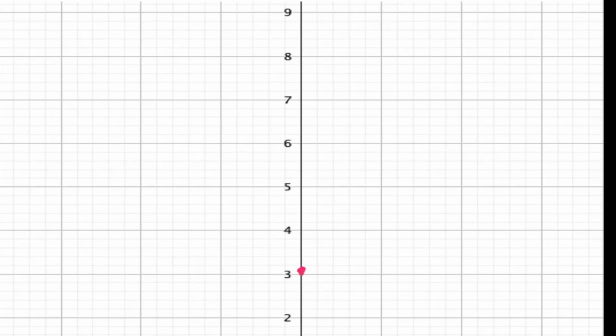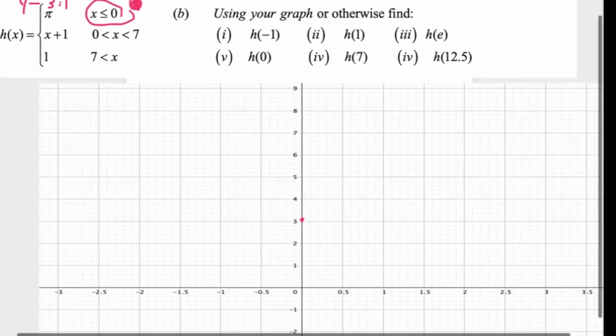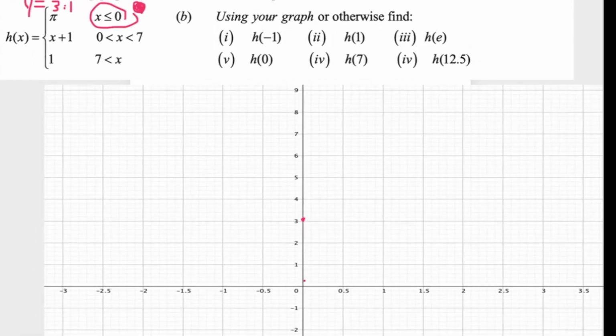So having this dot now, I know that's where I'm going to start because this is where I have x is 0. But it says less than, so it means I need to go on to minus infinity. So I'm going to draw a horizontal line going towards negative infinity. So this is a line and it's shaded.